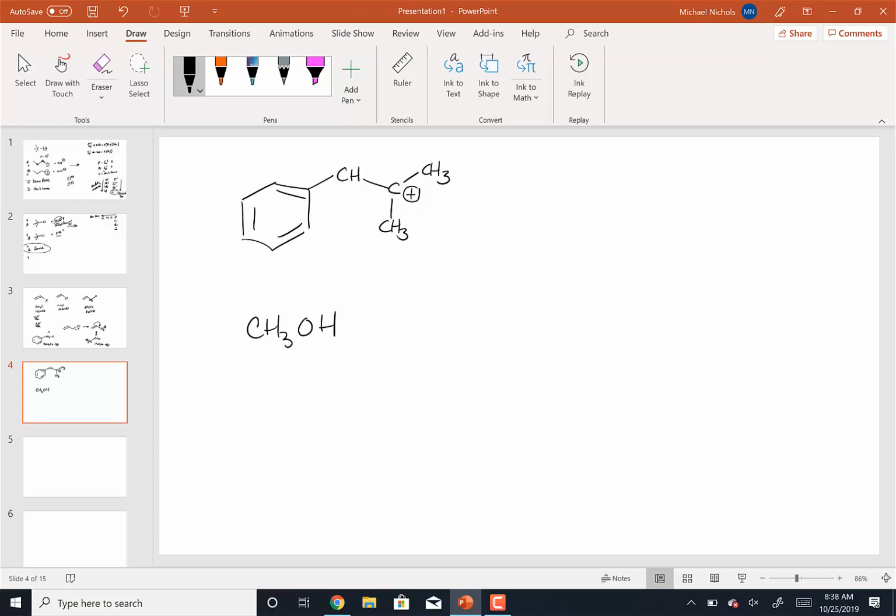Polar solvent? Yes. All of the solvents that we do SN1 and SN2 reactions in have to be polar because I'm dealing with ions. And the only way to get the ions to dissolve is to use a polar solvent. But there are two classifications of polar solvents. There are protic solvents and there are aprotic solvents.